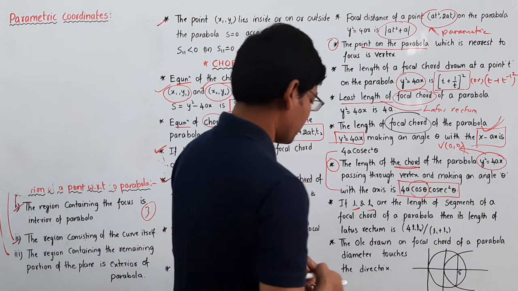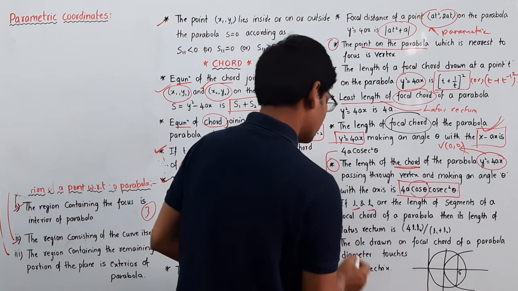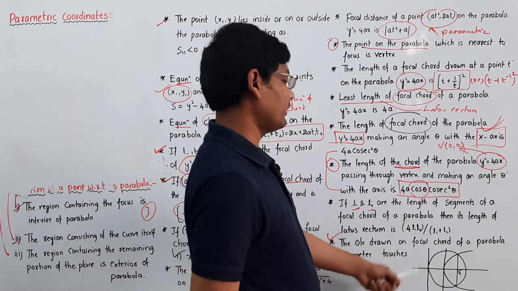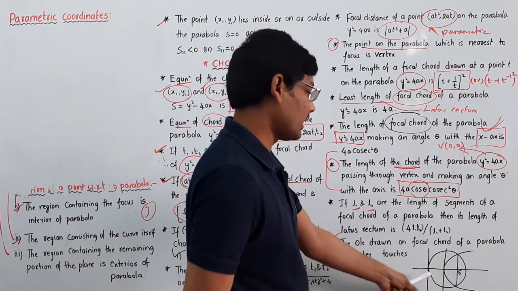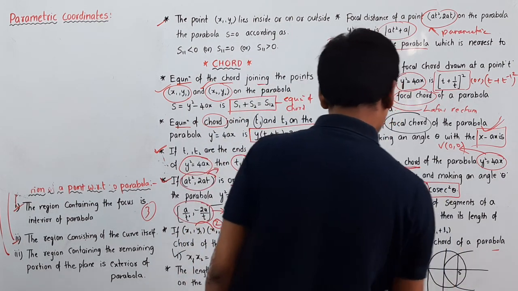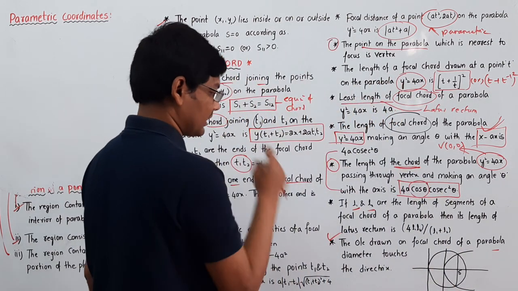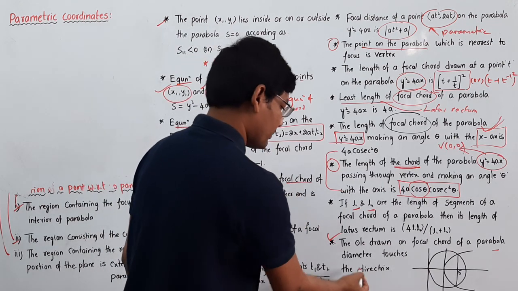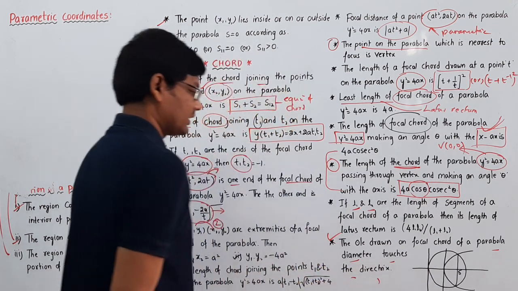And the last point: the circle drawn on a focal chord of a parabola as diameter touches the directrix.